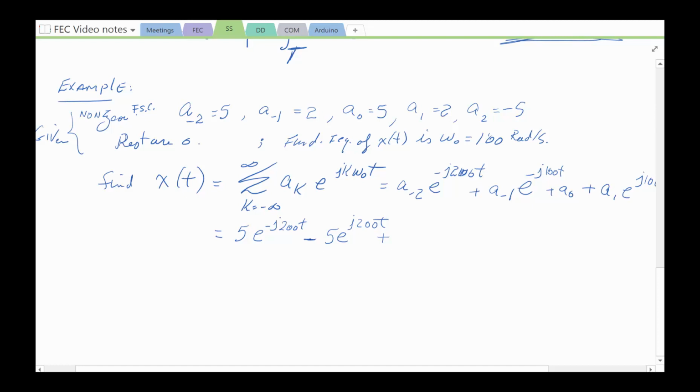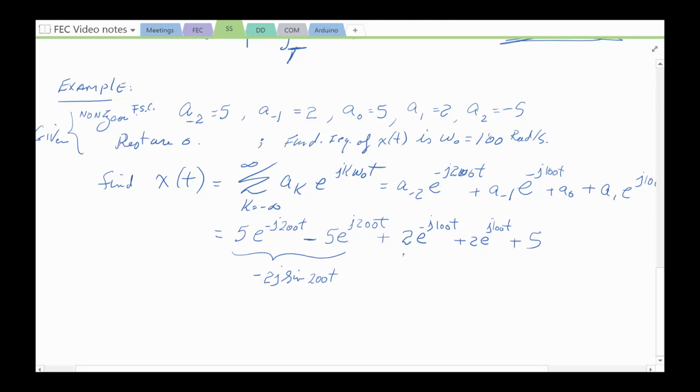Then a1 is 2, so I'd say 2e to the minus j 100t plus 2e to the j 100t plus a0 is 5, and we just leave it there. You're done as far as the x of t is concerned, but you can also look at that and say, oh, I see this is minus 2j sine of 200t, if you like. If you don't, that's fine too.